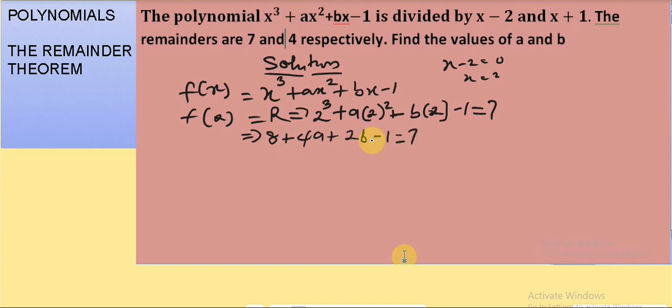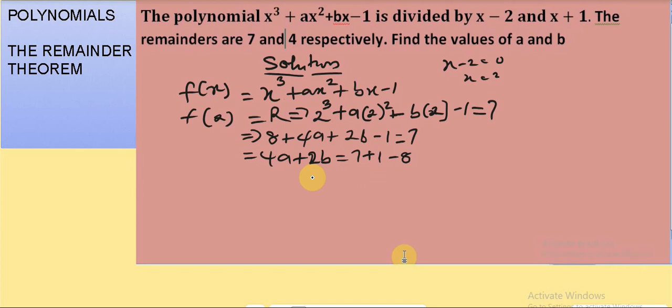So I'm going to reduce these numbers. So collecting like that, I'm going to have 4a plus 2b equal to 7 plus 1 minus 8, because minus 1 will cross over to become plus 1. 8 will cross to meet 7 also to become minus 8.